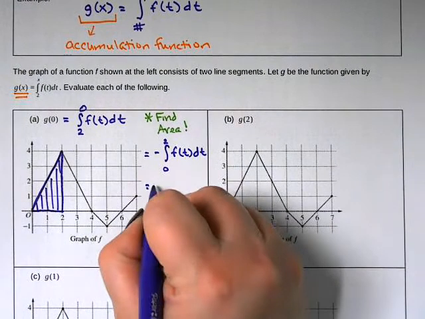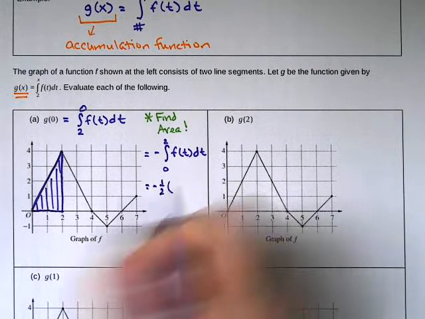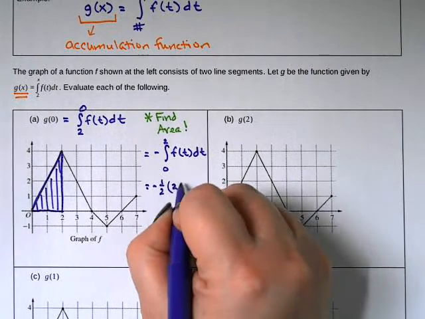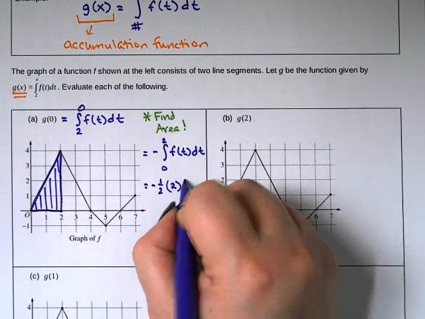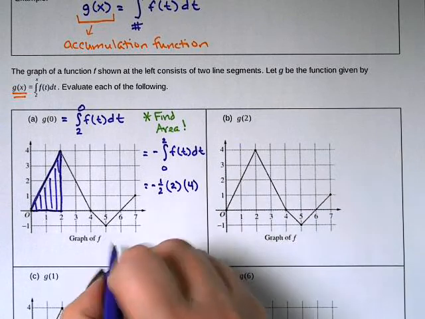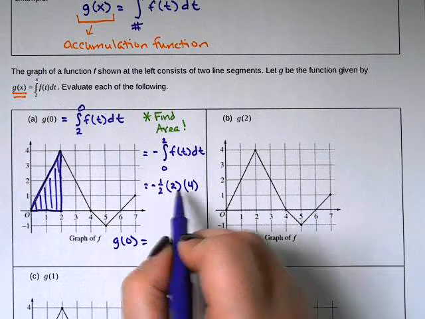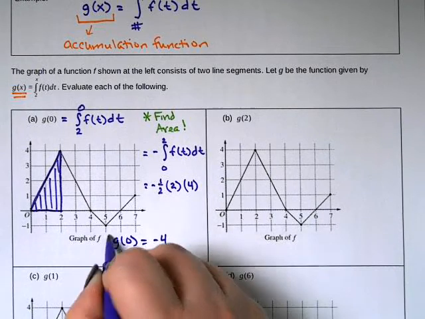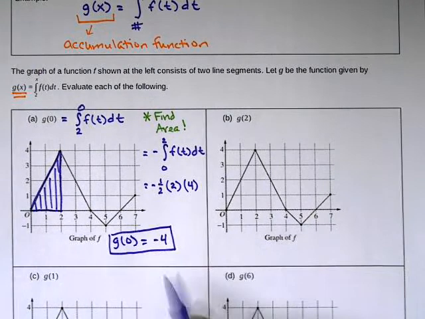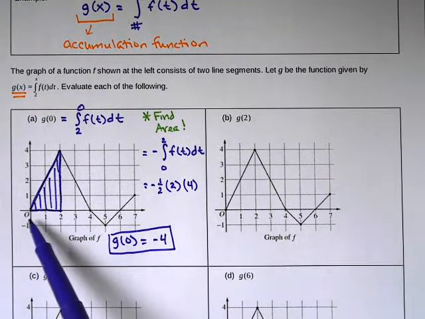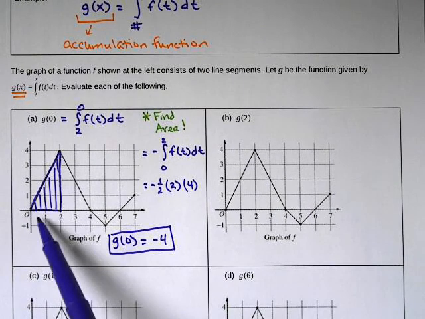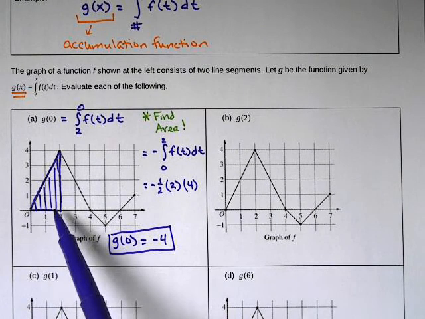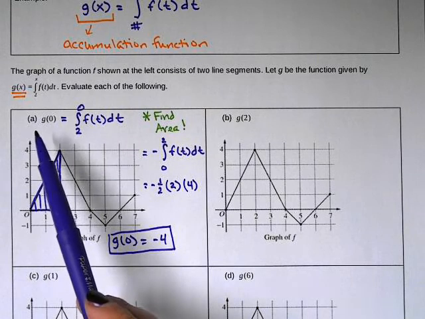So let's see, negative, we've got 1/2 the base, which is 2, times the height, which is 4. And so what that means is g of 0 is actually going to equal -4. So again, all we did was find the area between 0 and 2 that's trapped underneath this function. That's all that ended up happening here.